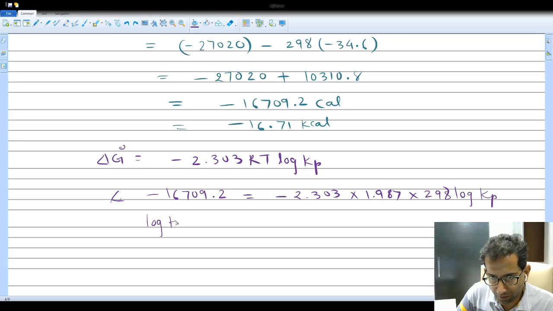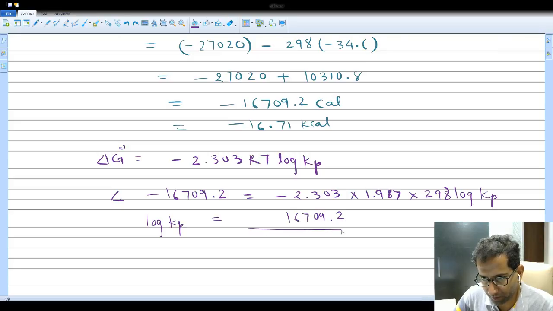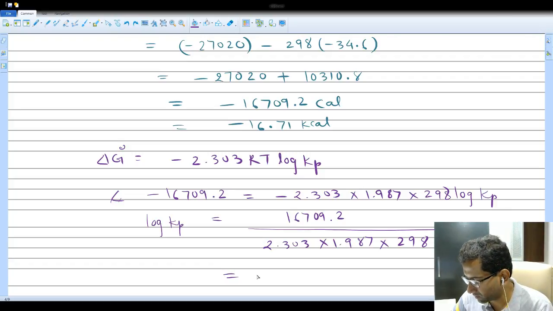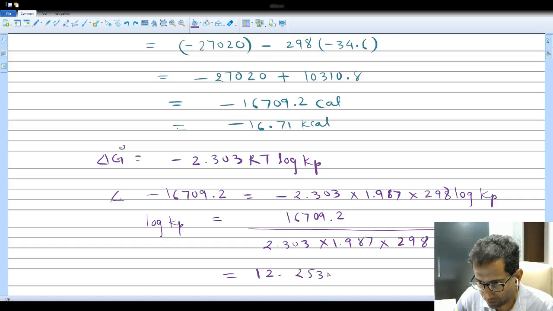So log Kp equals 16709.2 divided by 2.303 into 1.987 into 298 equals 12.2531.